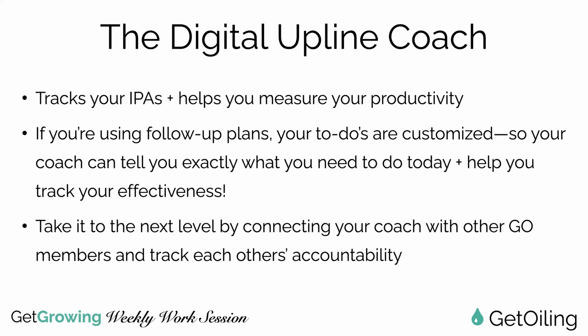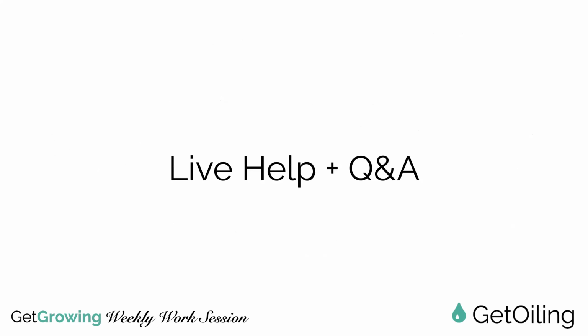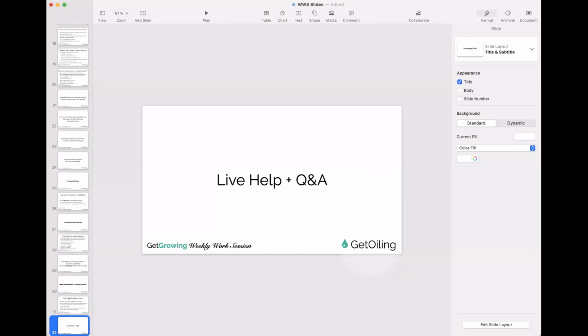You can connect your coaches together, and you can get on calls and actually see what kind of work you've been doing, what kind of work your friend's been doing, and you can help encourage each other toward that end goal, right?